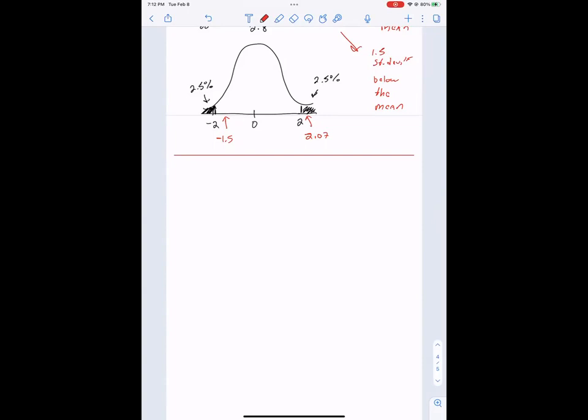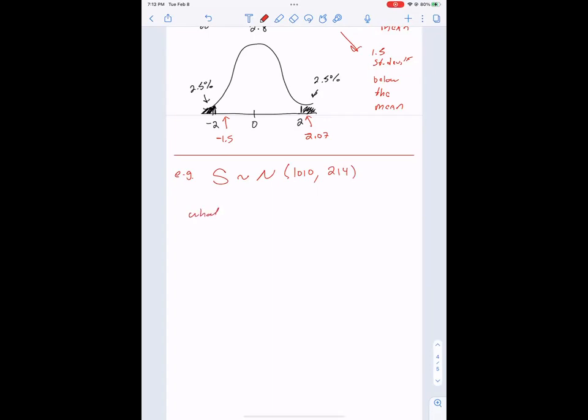Let's do another one. I sense some confusion here, although I think you're making it a lot more complicated than it actually is, but who am I to say? So let's do another example. Scores for high school seniors on the SAT. Scores, we'll call it S, follow a normal distribution with a mean of 1010 and a standard deviation of 214.